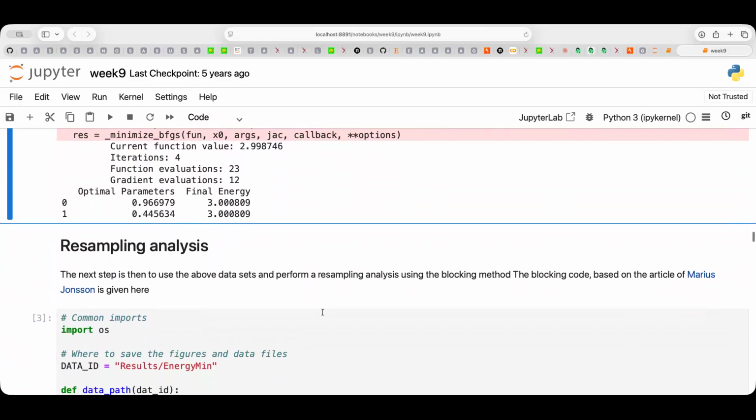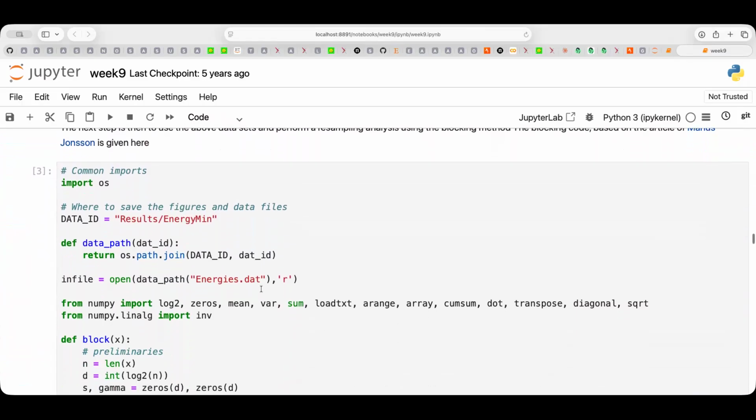You can, if you want to, just use this function. It takes the file with just energies. It doesn't have the energy squared. It doesn't need it because it calculates the variance using the blocking method. So it means that in your Monte Carlo machinery, when you estimate the variance, you will do that as a post-analysis.